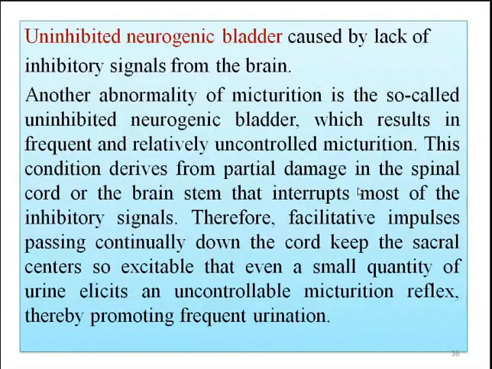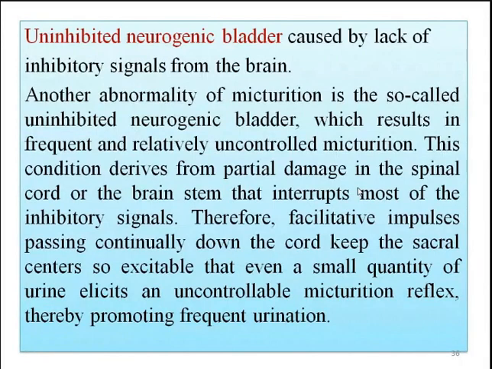Then another is the uninhibited neurogenic bladder caused by lack of inhibitory signals from the brain. Another abnormality of micturition is the so-called uninhibited neurogenic bladder, which results in frequent and relatively uncontrolled micturition. This condition derives from partial damage in the spinal cord or the brainstem that interrupts most of the inhibitory signals.